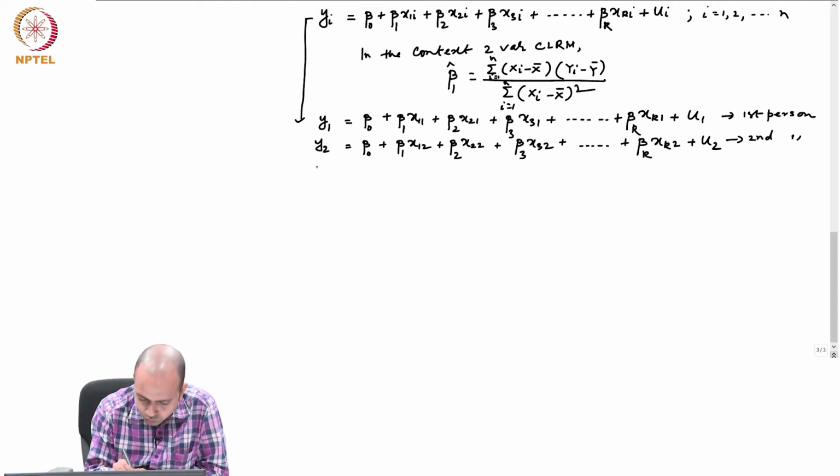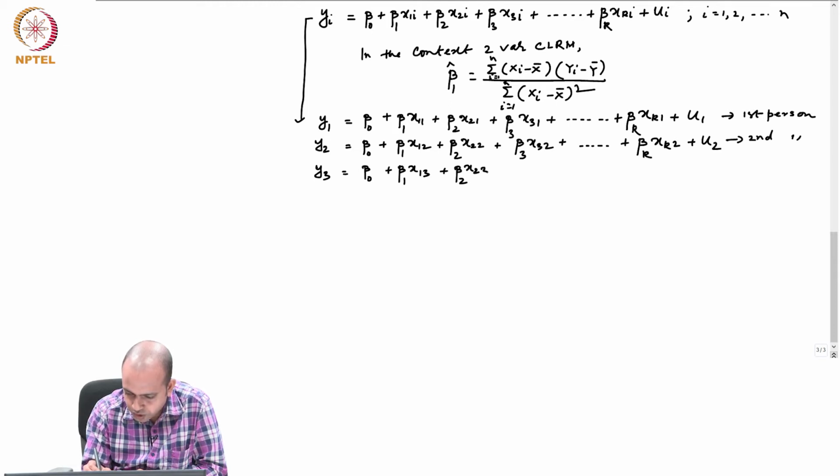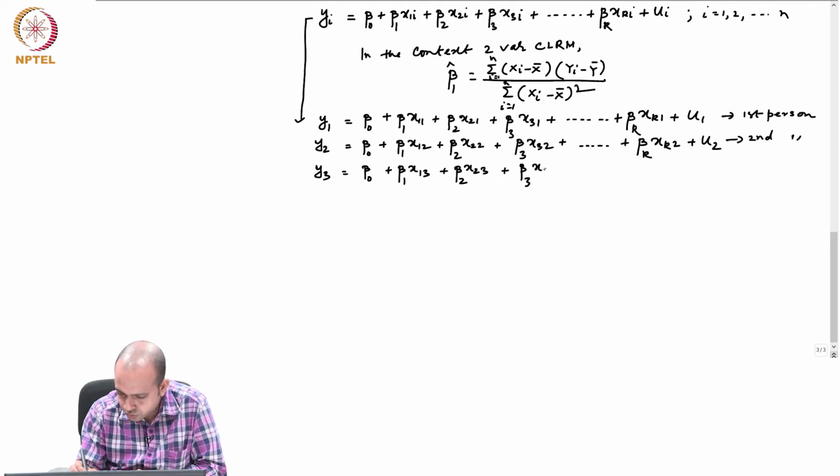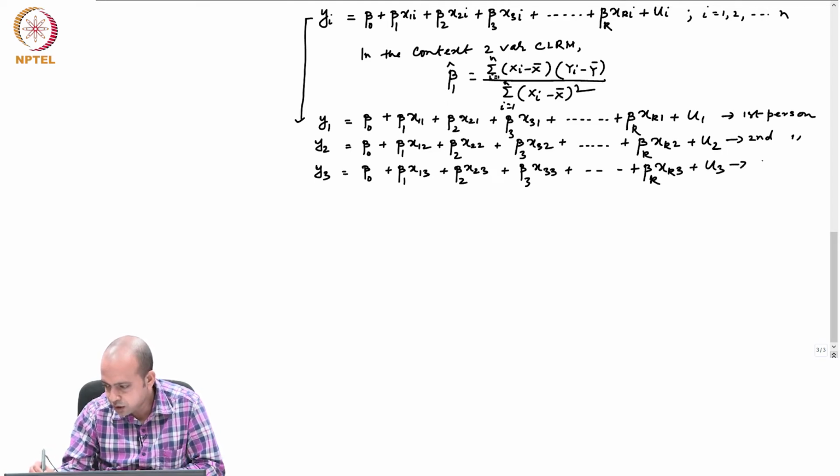Then we write y3 equals beta 0 plus beta 1 x13 plus beta 2 x23 plus beta 3 x33 plus beta k xk3 plus u3 for the third person.